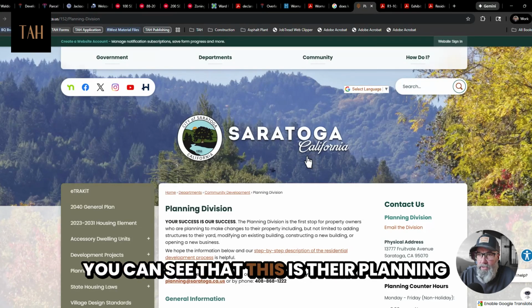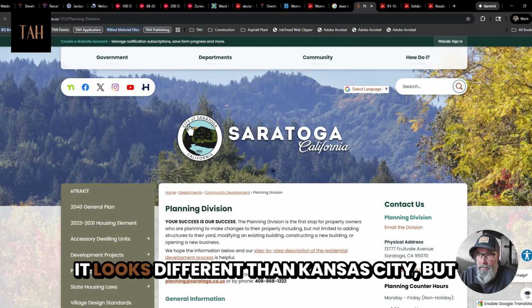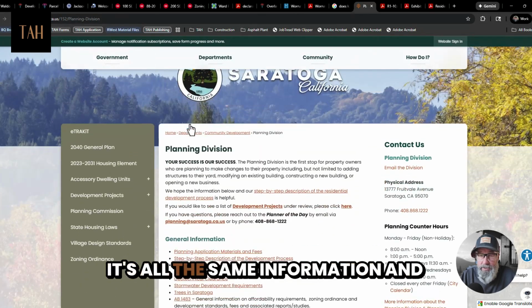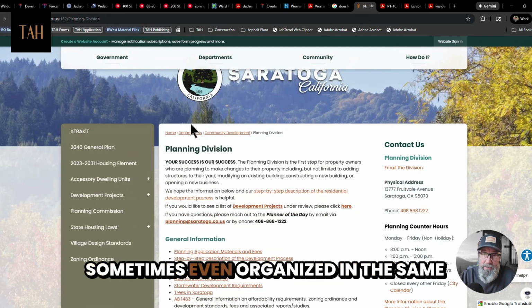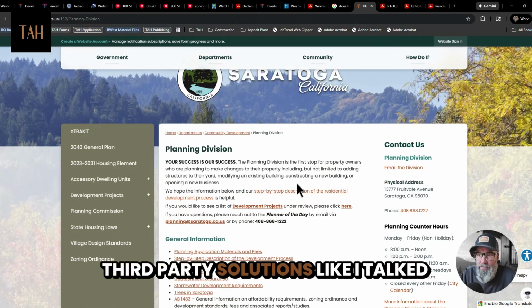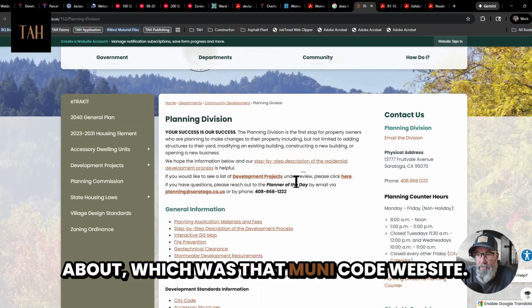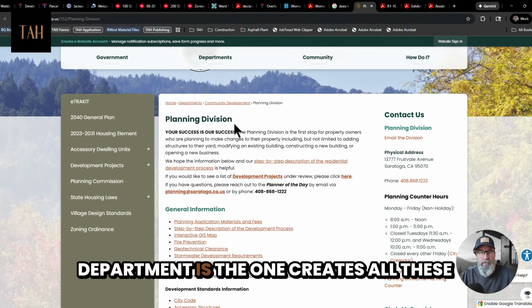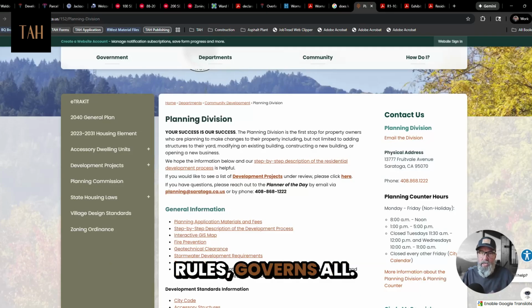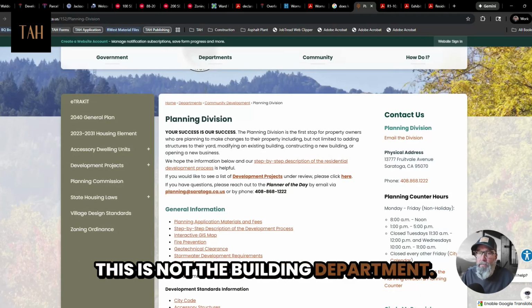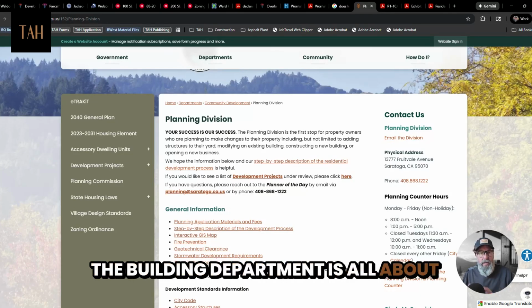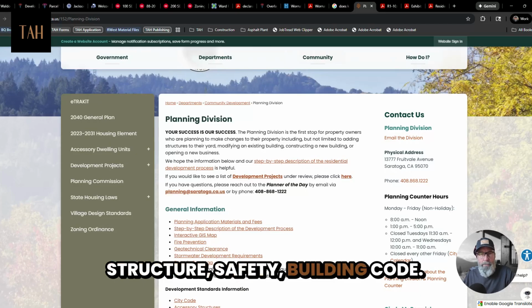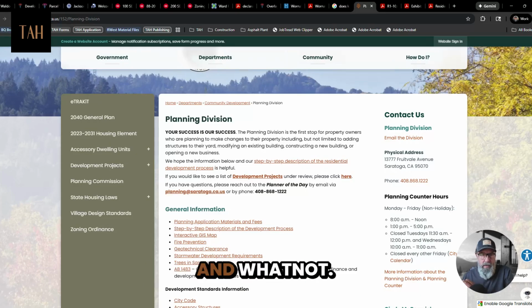You can see that this is their planning department website. It looks different than Kansas City, but it's all the same information, and sometimes even organized in the same third-party solutions like I talked about, that Muni Code website. So the planning division, the planning department, is the one that creates all these rules. This is not the building department. The building department is all about structure, safety, building code, and whatnot.